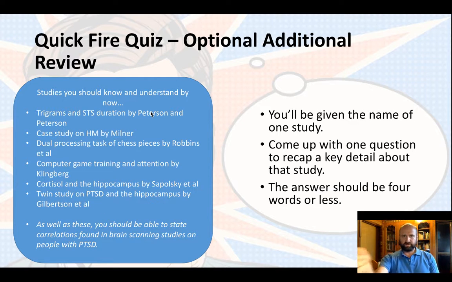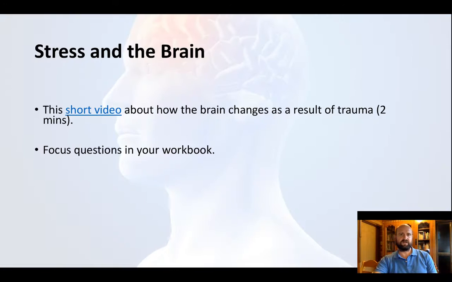So you're doing Peterson, you're doing HM, you're doing Sapolsky, you're doing Gilbertson, and they write down one key question, submit it in, and then you ask that question and quiz the students that way. But again, it takes a few minutes, so you might want to do it later, or just wait and see if you've got the time.